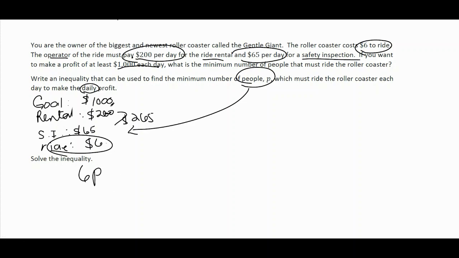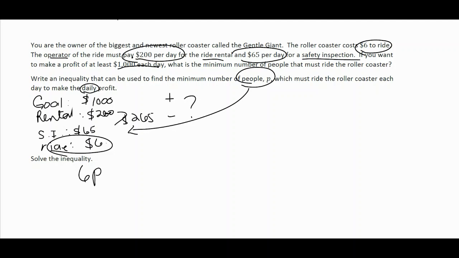Now we got 265. Are we going to add or subtract this 265 from the profit itself? Of course, we need to subtract it. Why? Because this 265 is the amount the owner needs to pay already, even without making the profit yet.